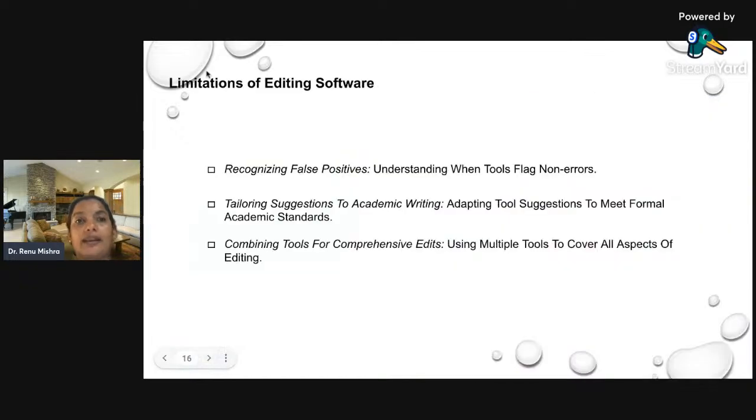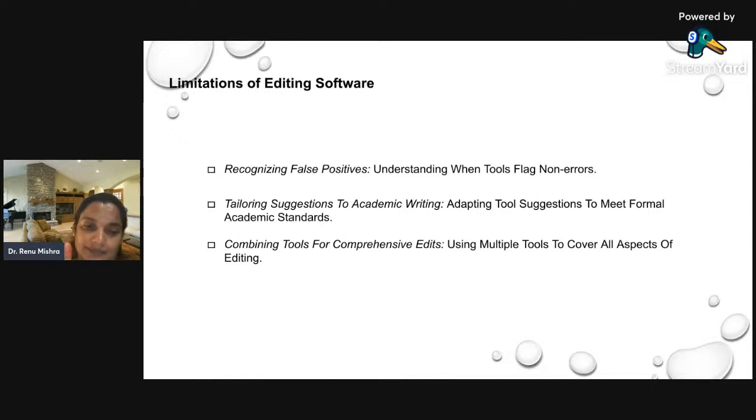Now, however, there are some limitations also. I mean, you can't take technology for granted, guys, okay? Because these tools sometimes flag non-errors many a time. They sometimes tailor suggestions to academic non-errors also, to meet academic standards.